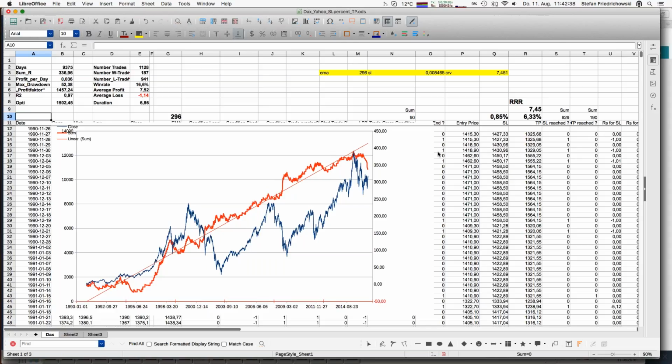Of course, it's not the overall best strategy in terms of we can find better values for those 3 numbers and get a better result for our equity curve.